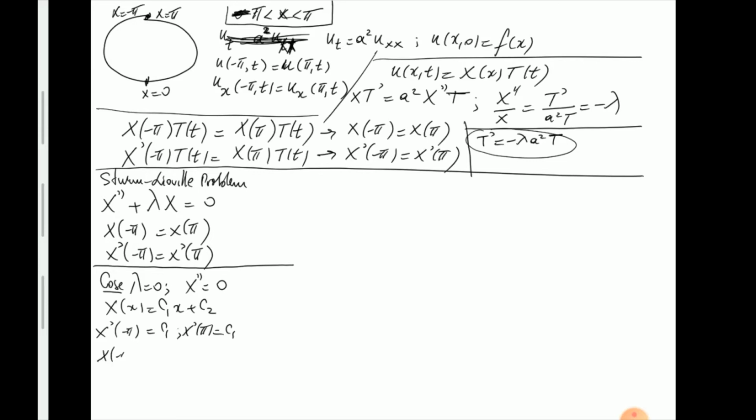Well, that gives me c1 times minus pi plus c2 equals c1 times pi plus c2. Notice c2 cancels, and if I rearrange the terms, this is 2 pi c1 equals 0, which means c1 is equal to 0.